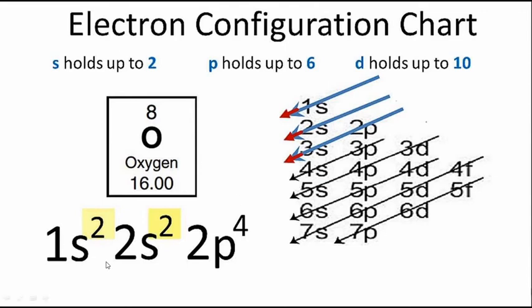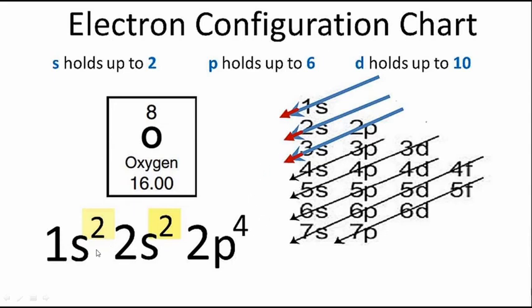Okay, shall we write electronic configuration now? First I am giving you an atom, oxygen. How many electrons for oxygen? 8 electrons. So I have to follow this scheme, this flow chart. First one is 1s, then 2s, then 2p.